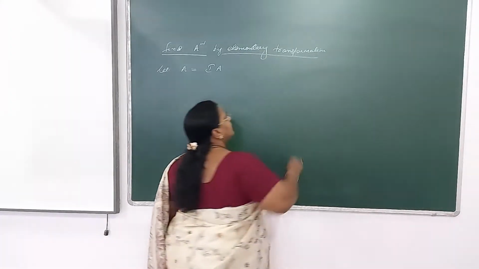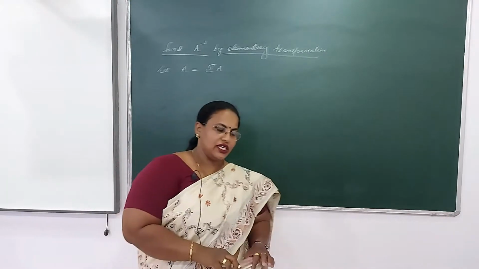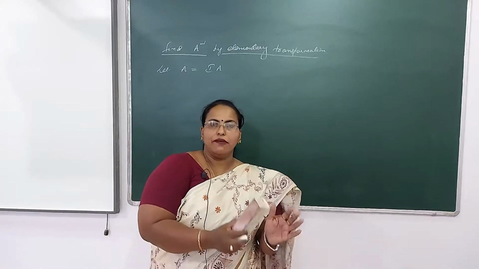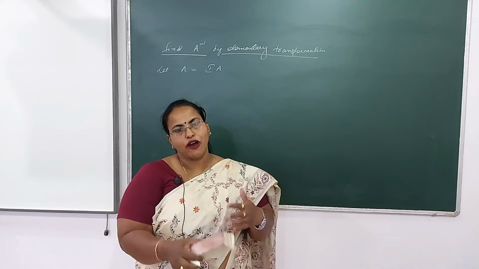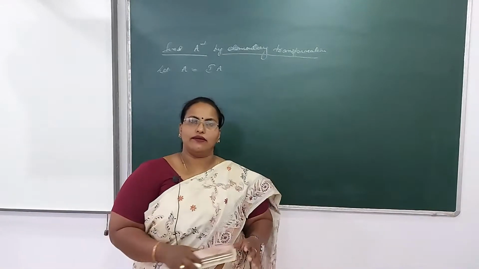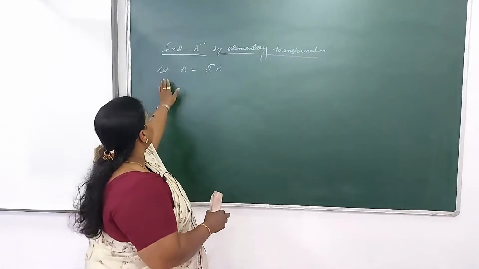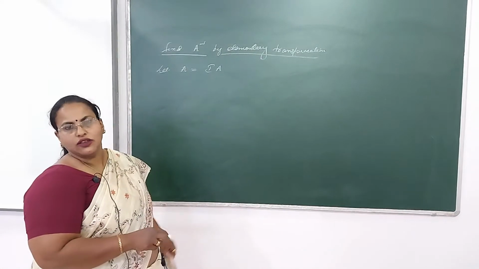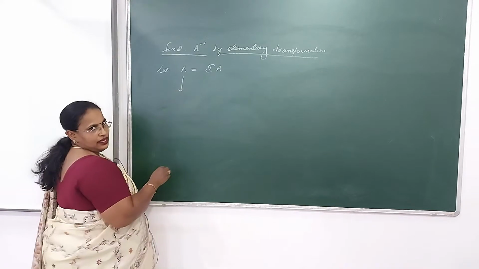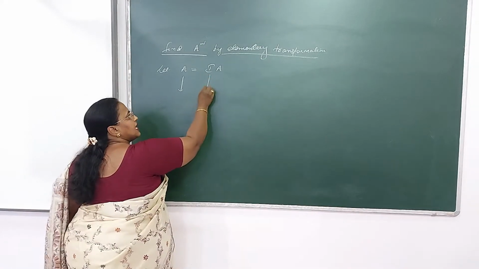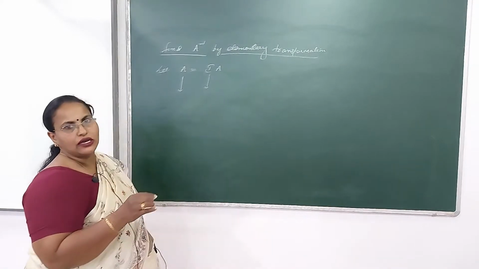See here, a very important thing: if you are doing row operation, then strictly you need to do it by row only. Or if you are doing it by column, then strictly you have to follow only column. So let A equal IA, this you will be taking. Now here you will be placing the matrix A, and here you will be placing the identity matrix of the same order.